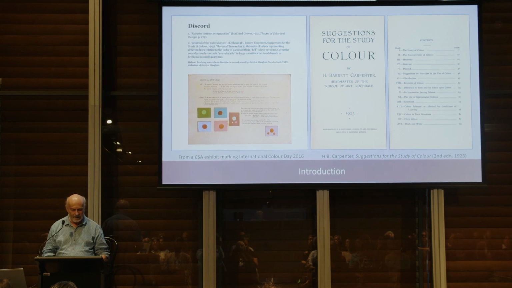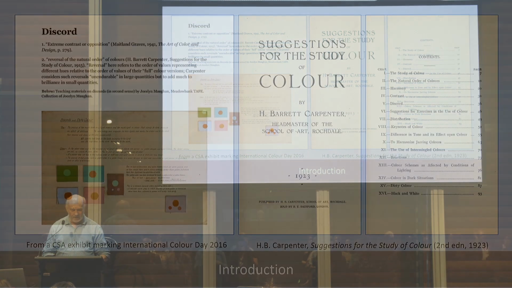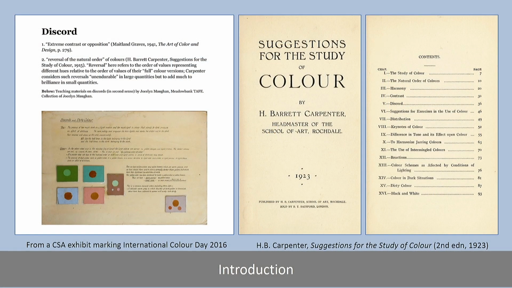And the origins really go back to an exhibit at the National Art School for International Colour Day 2016, when I displayed a couple of photographs I'd taken from Jocelyn's Shillito portfolio, as illustrations of discord and colour chords and colour keys.